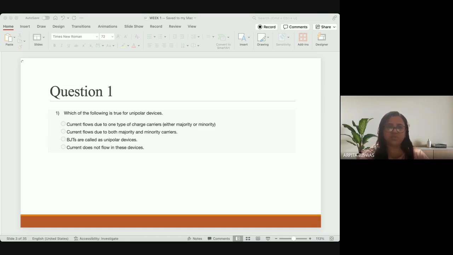What is the question here? Which of the following is true for unipolar devices? Here the point is unipolar. The first option says the current flows due to one type of charge carrier, either majority or minority. The second option says the current flows due to both majority and minority. If both majority and minority, then it is called bipolar.